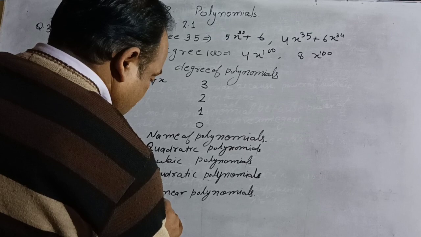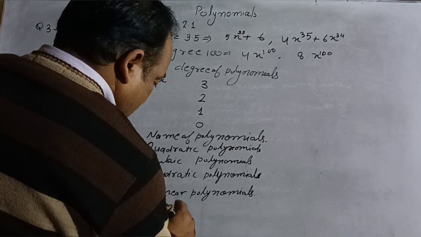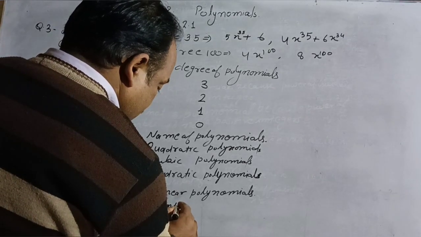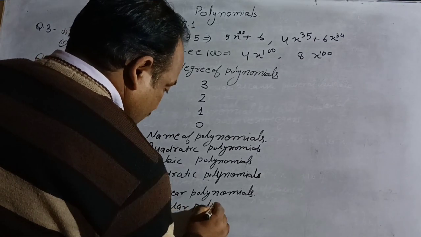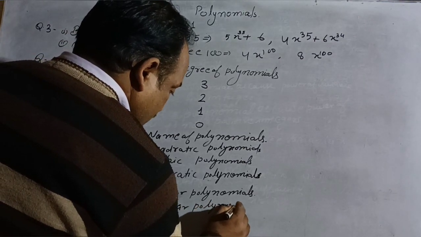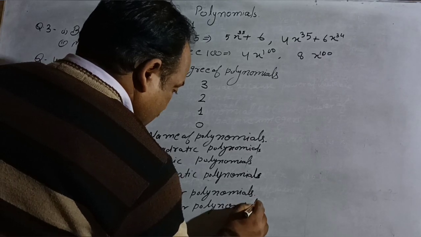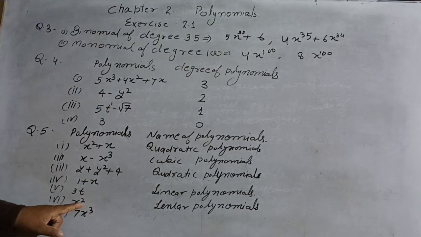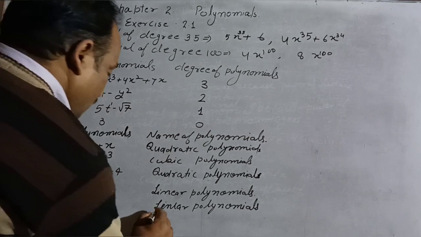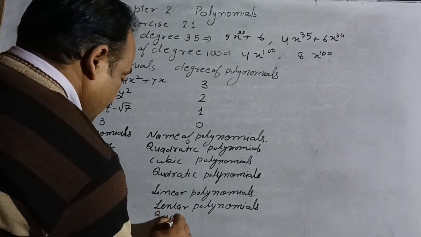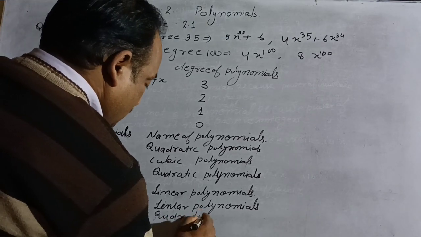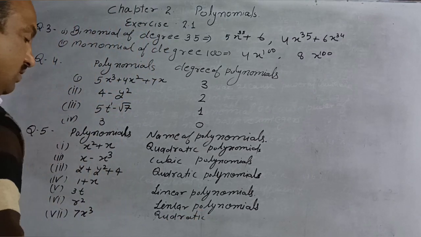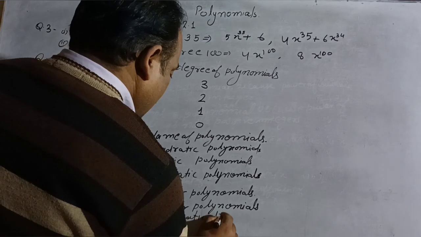This is also a linear polynomial. Here r to the power 2, therefore it is a quadratic polynomial.